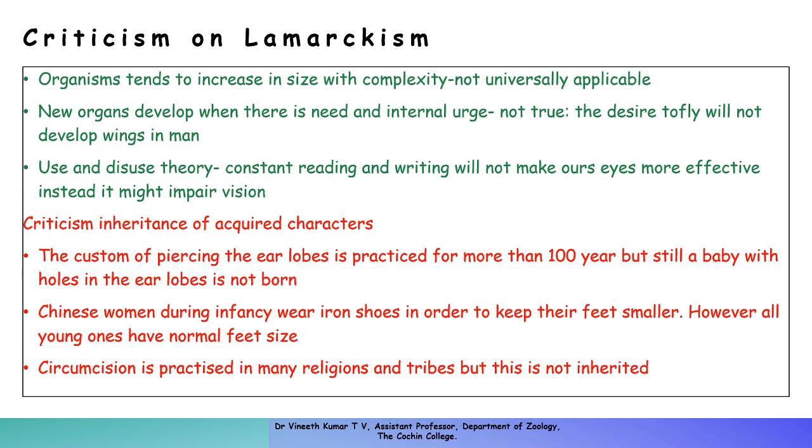Because as said by Lamarck, if you are using a particular organ constantly and regularly, so if you are a voracious reader, you read a lot, you write a lot, our eyesight should improve. But the case is that our eyesight might be affected, or in the long run you have an impaired vision. So that also cannot hold true.